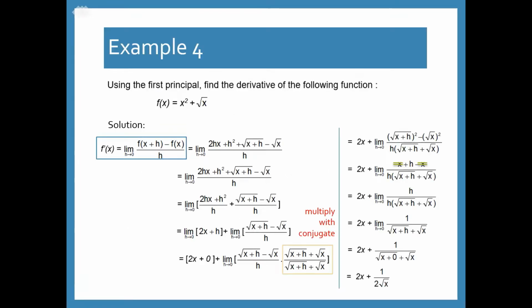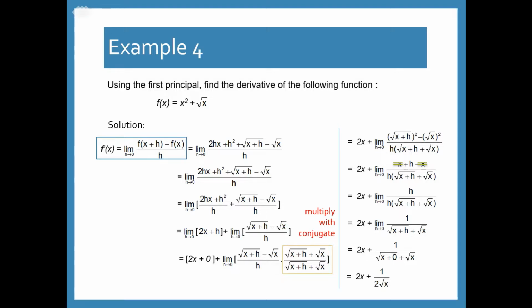Now, refer to example 4. You need to find the derivative of the given function using the first principle. First, write down the formula of the first principle and substitute the f(x plus h) and f(x) and simplify. Split the limit into two. The first limit involves the polynomial function and the second limit involves the radical function. To solve the limit of the polynomial, you may apply direct substitution and you will obtain 2x as the answer.